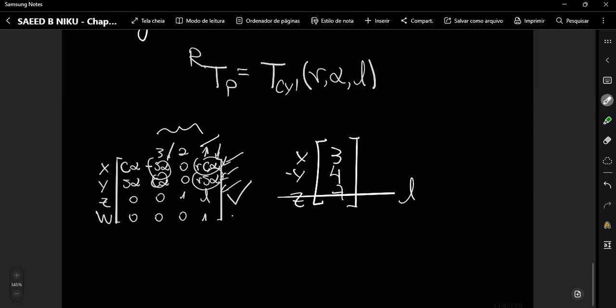Y is for R, sorry, R sine of alpha, and in X, R cosine of alpha. As I'm seeing in the book, we were right. That is correct.